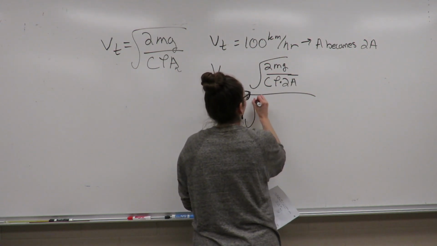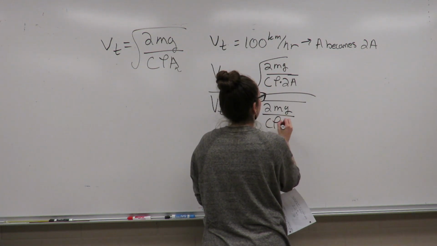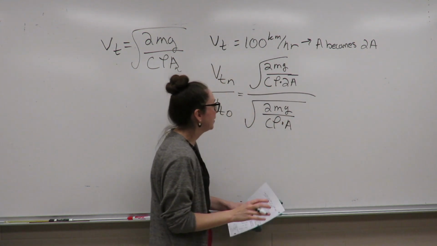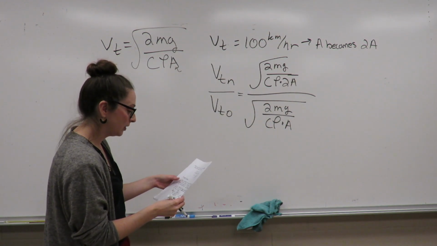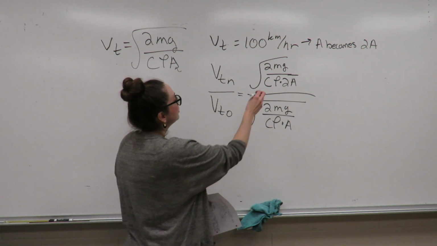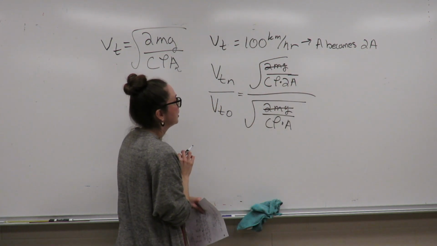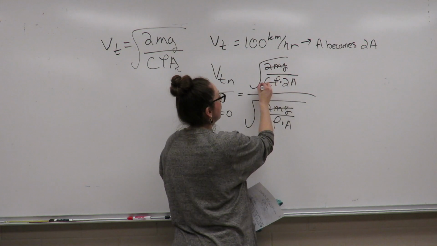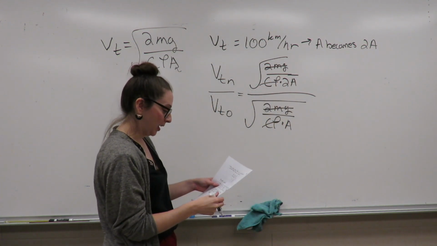And then on the bottom we have the square root of 2mg over c rho times a. And so a lot of things in this equation are going to cancel here. The 2 times m times g cancel on top and bottom. The drag coefficient and the density cancel on top and bottom.